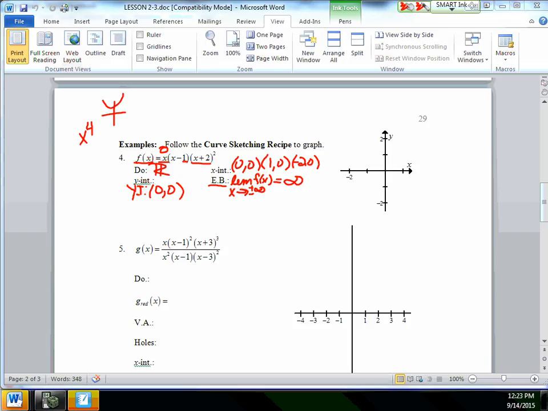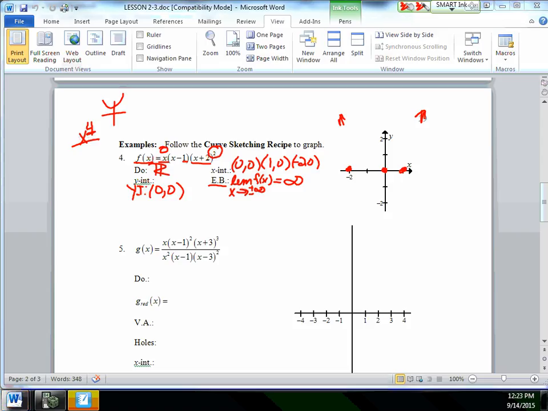So now let's plot those points. We have the point 0, 0, 1, 0, -2, 0. And keep in mind, we know our ends have to end up because it's an x to the 4th, it's a positive power, it's an even, so it follows the shape of a parabola. And here are our zeros. Now, as we look at our zeros, we pay attention to the powers. This right there means we're going to have a bounce.